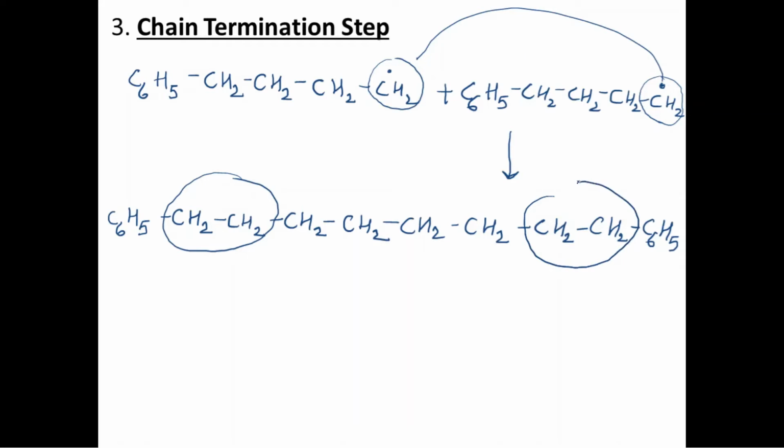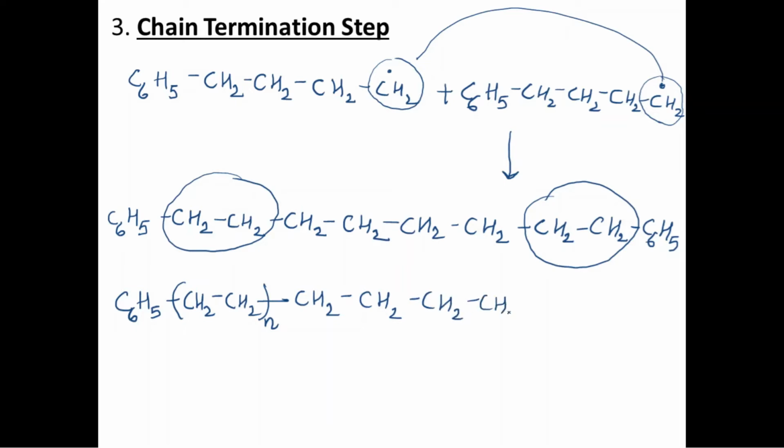is the repeating unit. So if I have to write in a general manner, it will be C6H5. Since it's a polymer, n repeating units will be of CH2, CH2. So I write down as n, CH2, CH2, CH2, CH2, and again this is the main repeating unit, CH2, CH2, n, and C6H5.